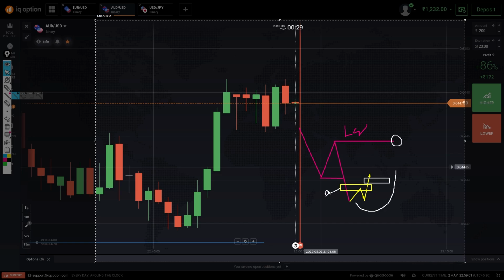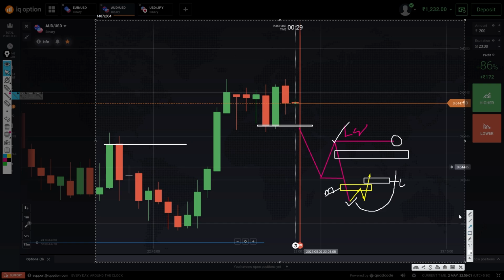This will be your manipulation gap, and this will be your confirmation gap. Between this swing high and this swing low, there is one more resistance level, not like this support level. There is an extreme gap. If it holds this gap, there are chances the market will fall down. If this gap does not hold and it breaks out, then 110% the market will reach the swing high and sweep it.